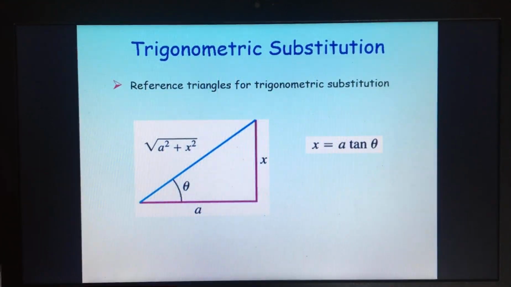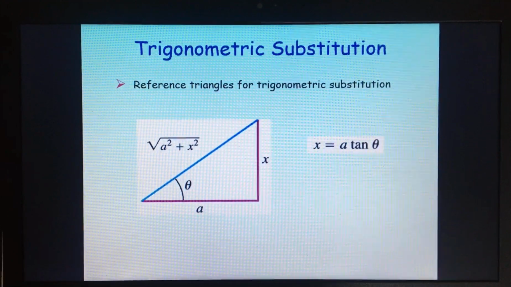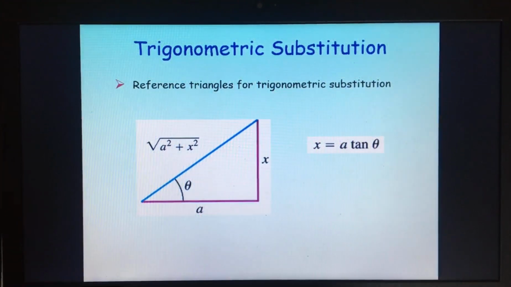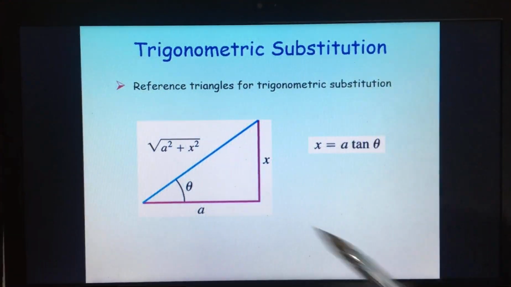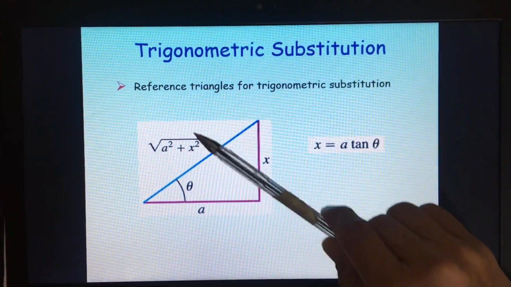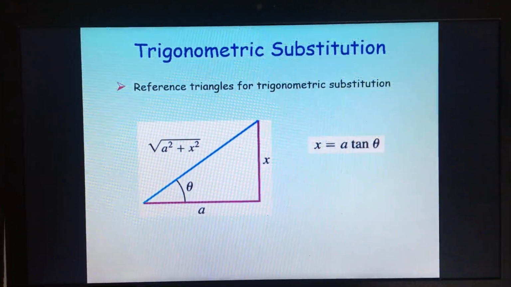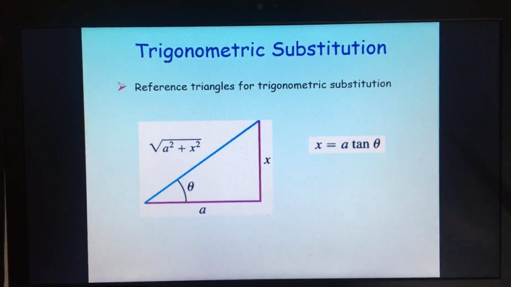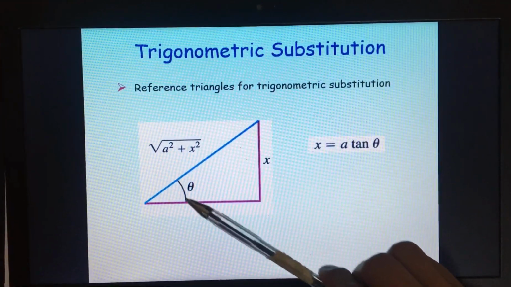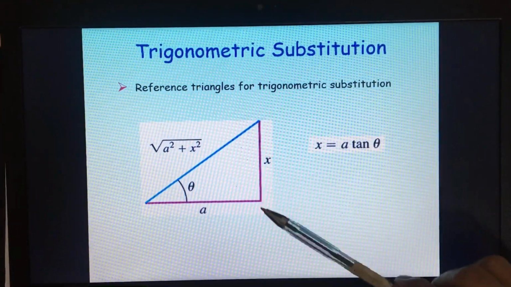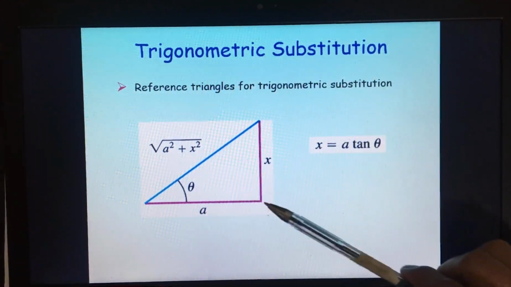Now we can use tangent to solve for x. It's much easier to use tangent because we can avoid the part that contains the radical, or the square root. The tangent of this angle theta is equal to opposite divided by adjacent.